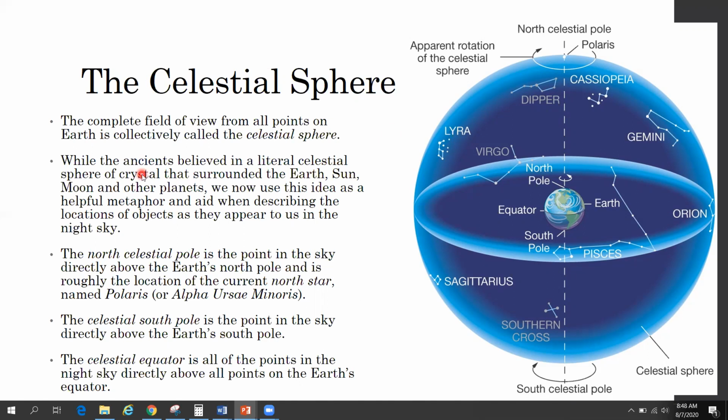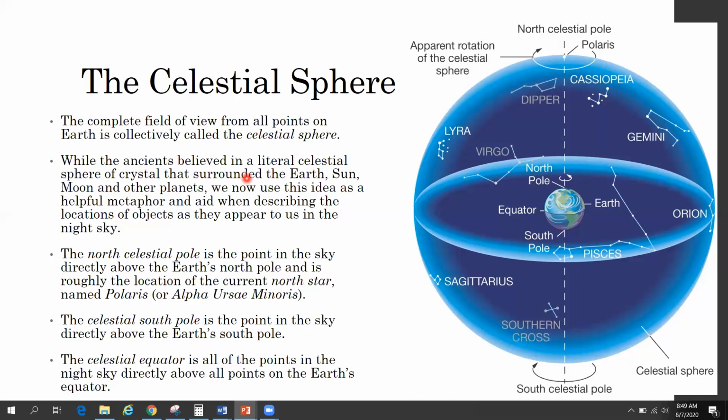And in fact, some people even defined it saying that it was made out of crystal. And either way, it was believed to surround the Earth, the sun, the moon, all the planets that they knew of at the time. So it used to be a literal part of what we would call the cosmology of the ancients. In other words, how they structured or understood the universe.